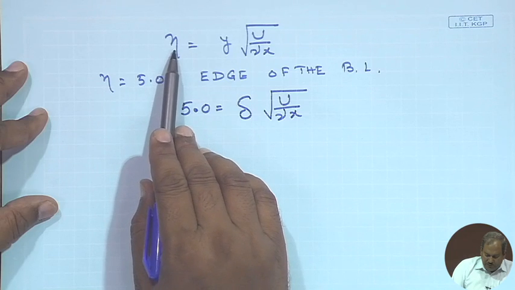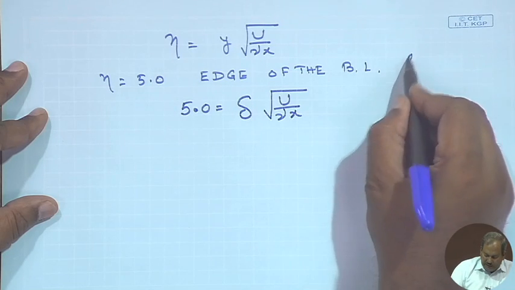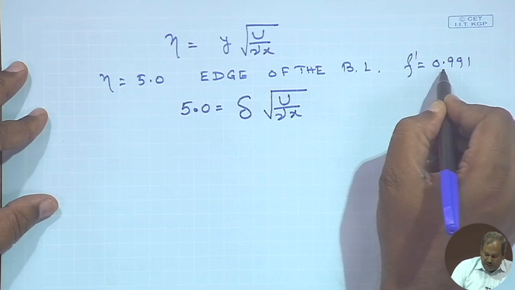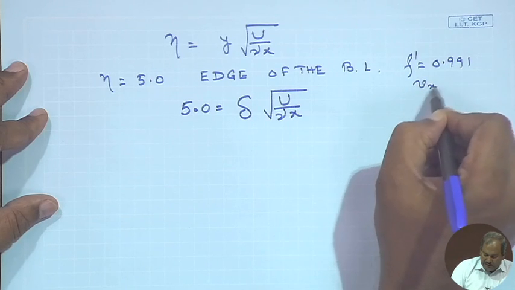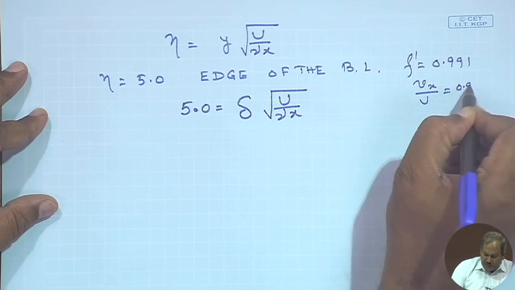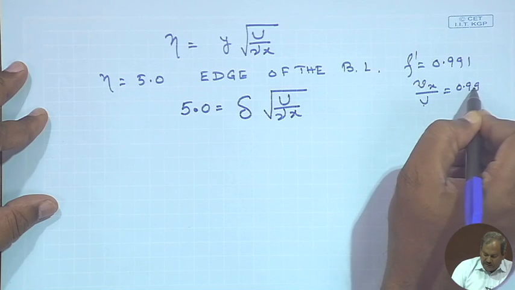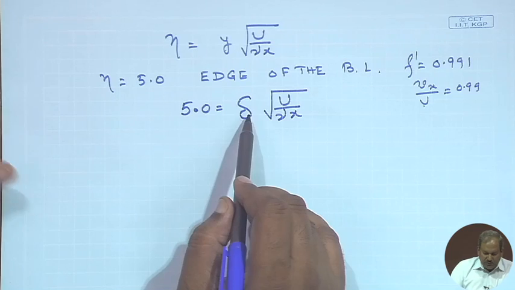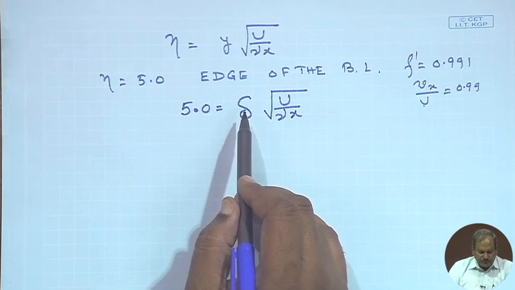Once again, for this value of eta, we have seen f prime is equal to 0.99. So, that is the velocity Vx by u is equal to 0.99. So, velocity reaches 99% of the free stream velocity, and at that point y must be equal to delta.